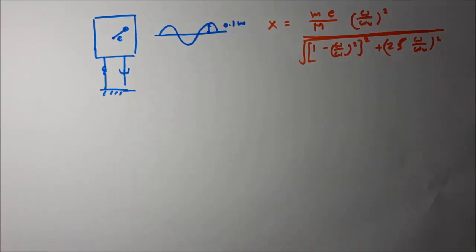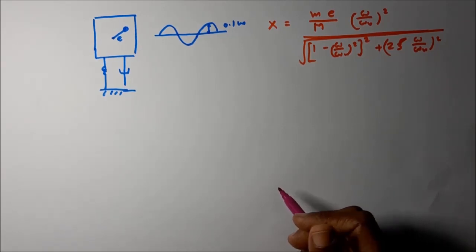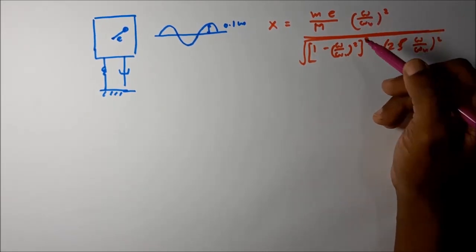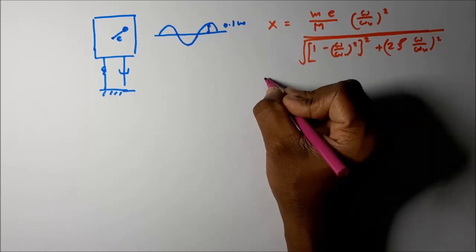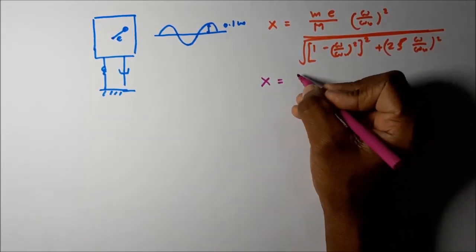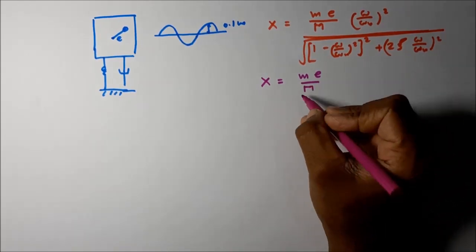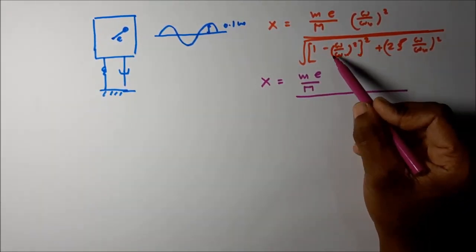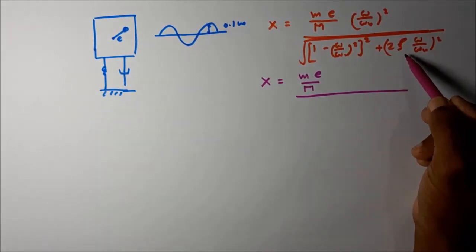In this equation, the problem says that resonance happened. Omega is equal to omega n, that means this ratio is equal to 1. So this equation reduces to x equal to me divided by capital M, then divided by the square root, where the term 1 minus the ratio squared is equal to 0.